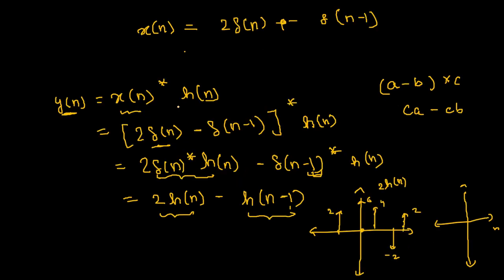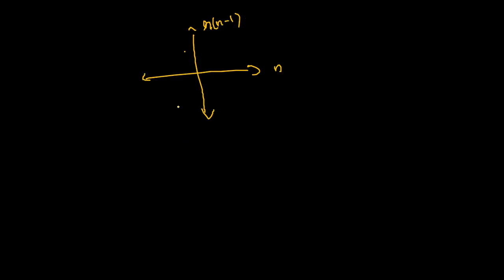So let's just perform the time shifting and see what we're getting. So at minus 1 we had 1, so that comes at 0, and at 0 we had 3, that is shifted to 1. At 1 we had 2, so now that is shifted to 2, and so on. So now at 3 we have minus 1, and at 4 we have 1, right?